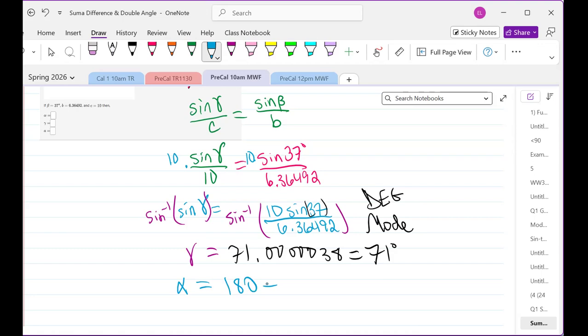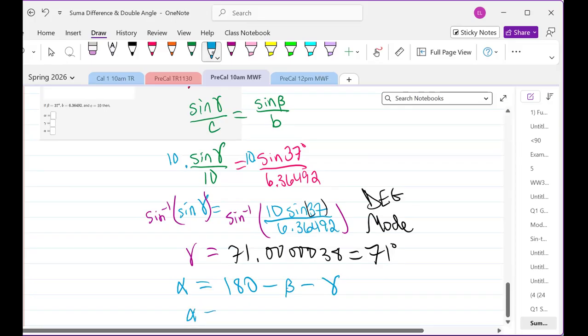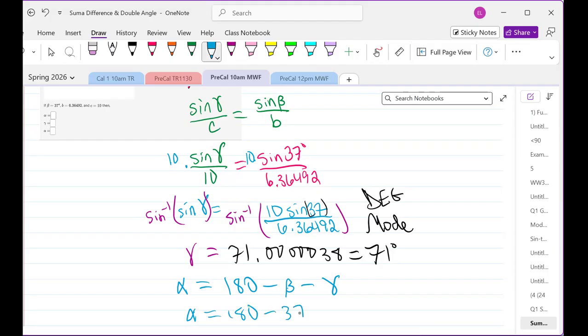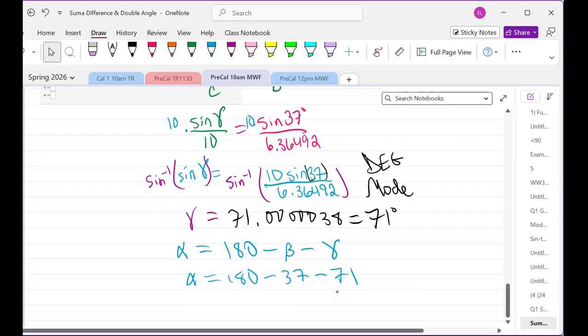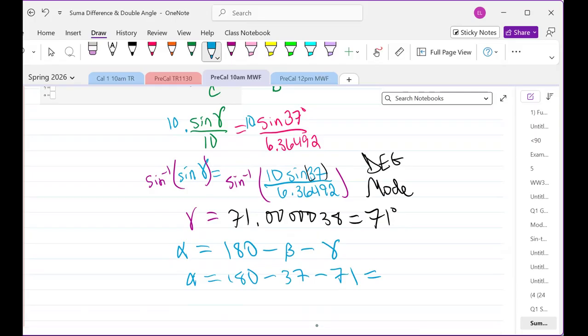So alpha is going to be 180 minus beta minus gamma. So beta is 37, gamma is 71. And we get alpha is 72 degrees.